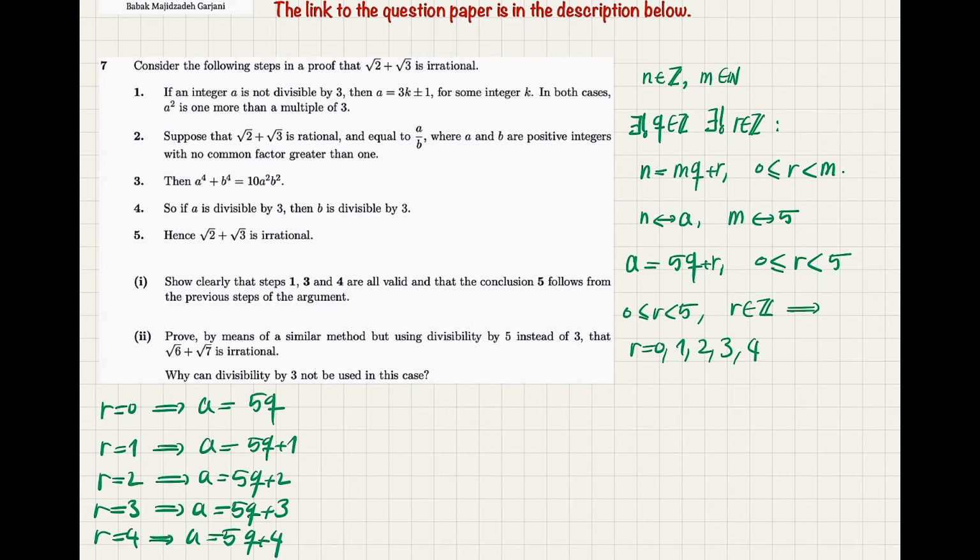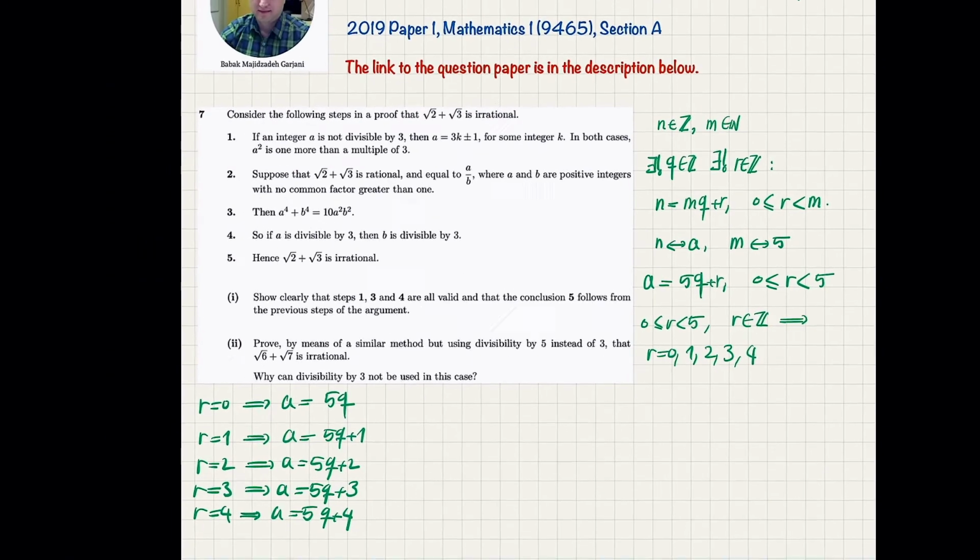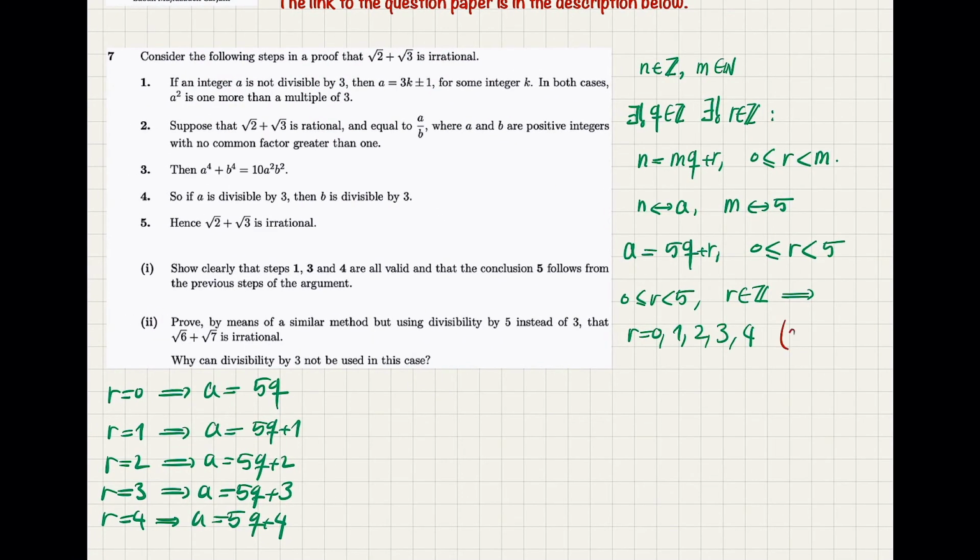Now again here, do you remember in statement number 1, a was assumed to be not divisible by 3. So now let us assume that a is not divisible by 5.